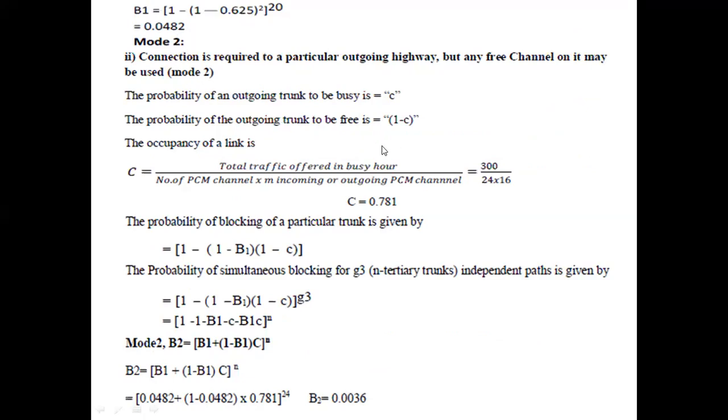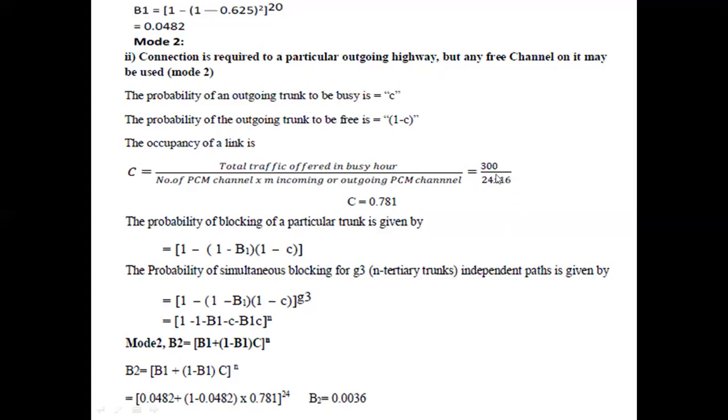For mode 2, we need to find the capital C, which is given by the total traffic carried in the busy hour divided by the product of the number of PCM channels times the number of incoming or outgoing PCM highways. The 300 is the busy hour traffic offered to the system. The number of PCM channels per PCM highway is 24, as it is a 24-channel PCM system.